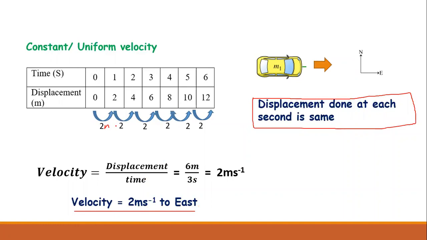Same distances within each time interval, 2 meters, same as the previous table, but the only thing is it is moving in the direction of east. Is that clear? Hope it is clear to you.